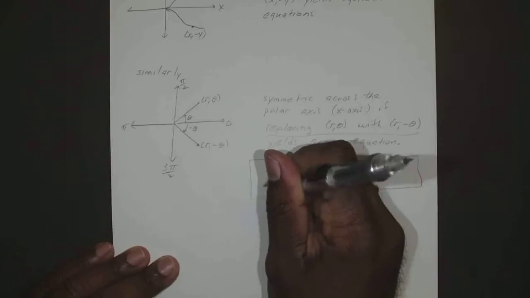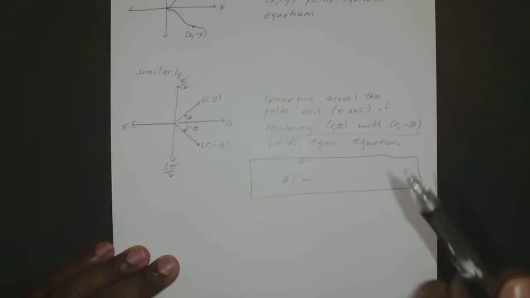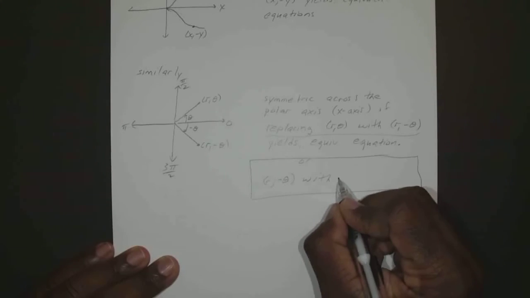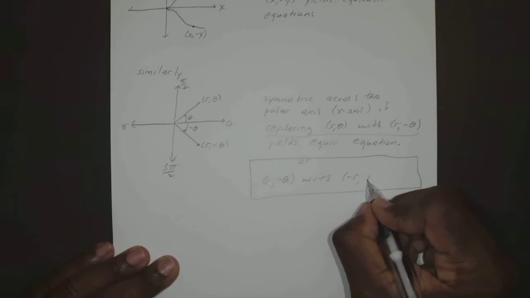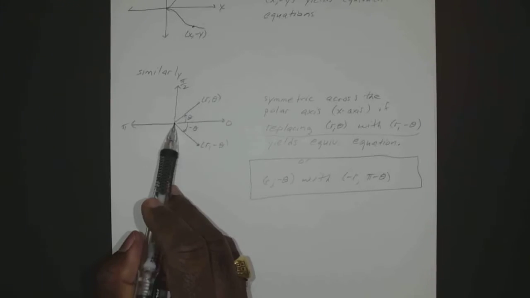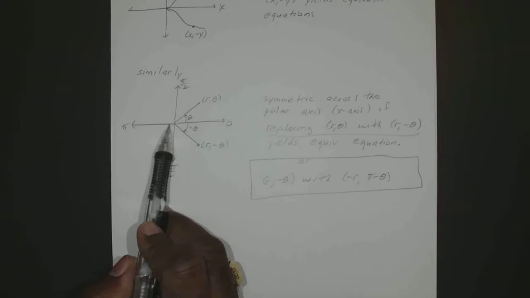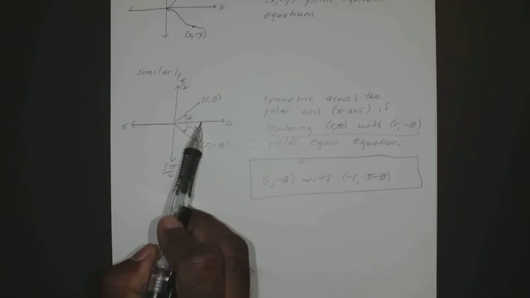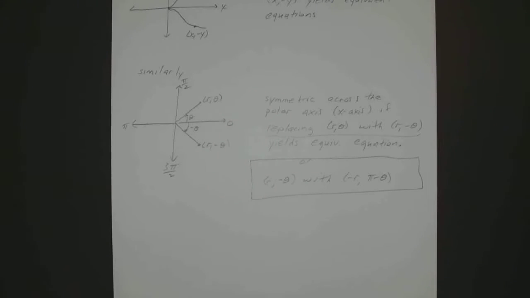That looks like a, with negative r, pi minus theta. So if you have negative r, let's say you're starting from this point. If you go negative r, then pi minus theta, you're going to go pi minus theta, and you end up right there. Like I said, this is the easiest, but sometimes you'll run across that one. I just go with the easiest one.